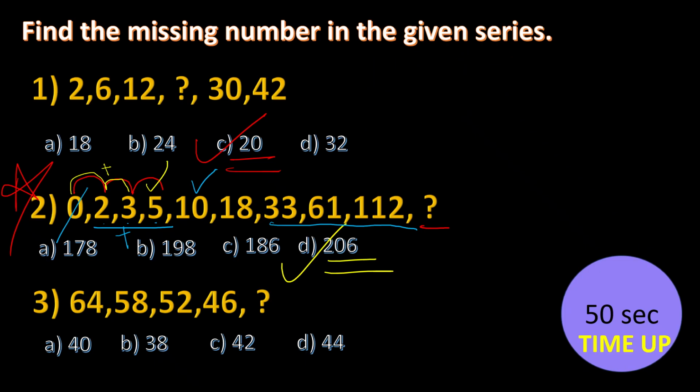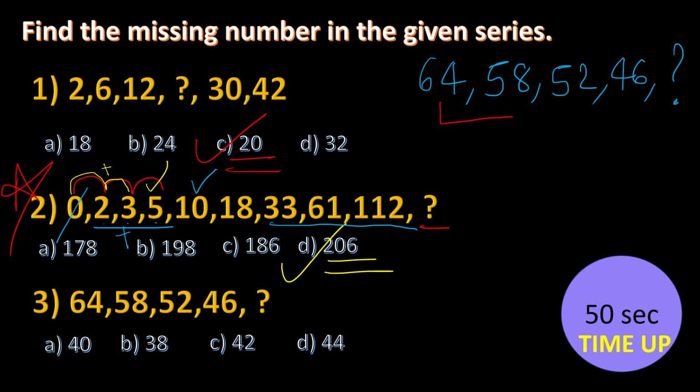Next one is 64, 58, 52, 46 and question mark. So what's the logic used here? Any idea what they have done? Simple logic is used here.